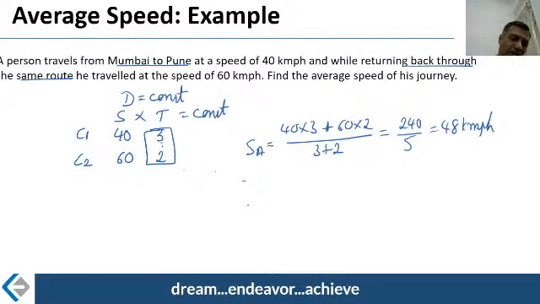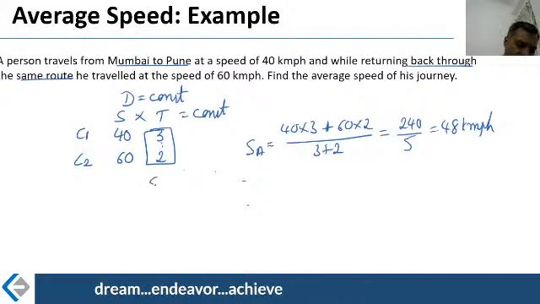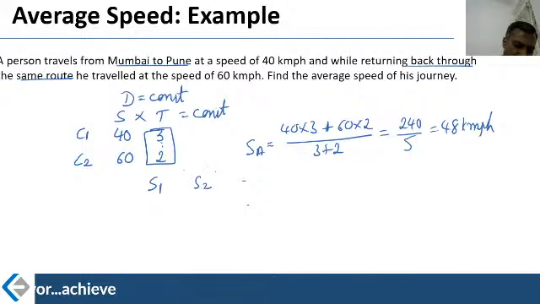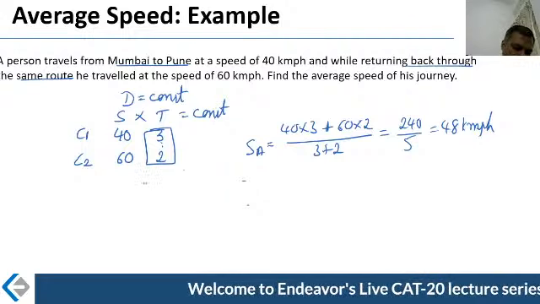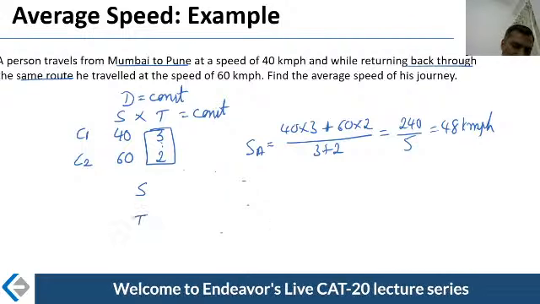Another point: hereafter, we can write it like this. If there is a speed 1 and a speed 2, say 40 and 60, the corresponding times will be 1 by 40 and 1 by 60.